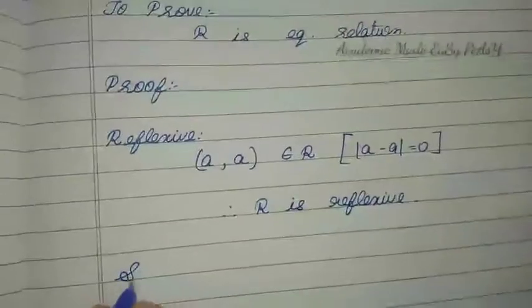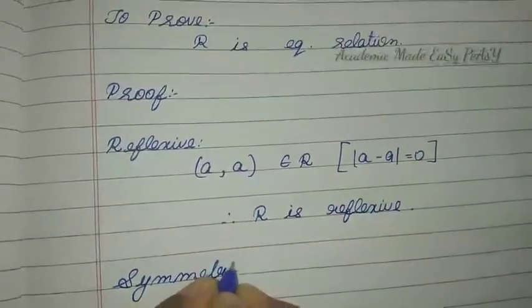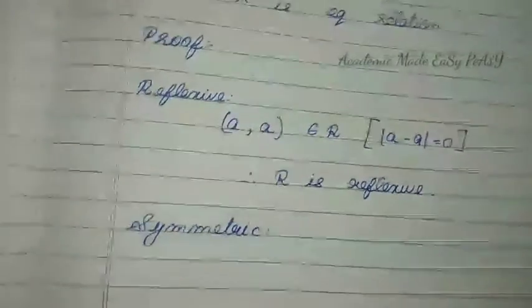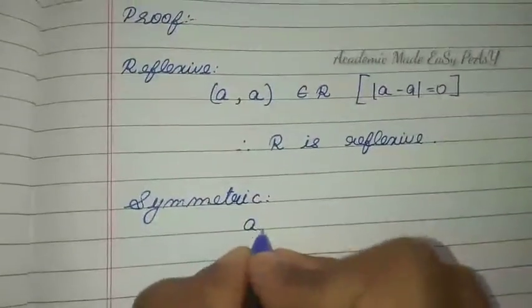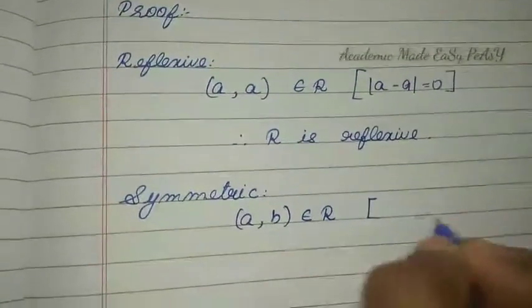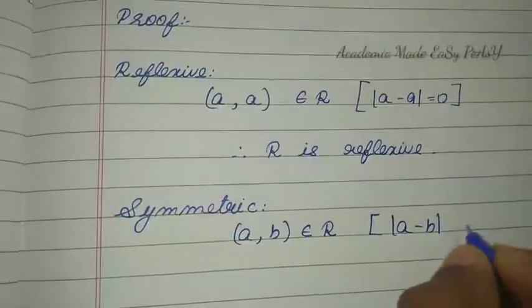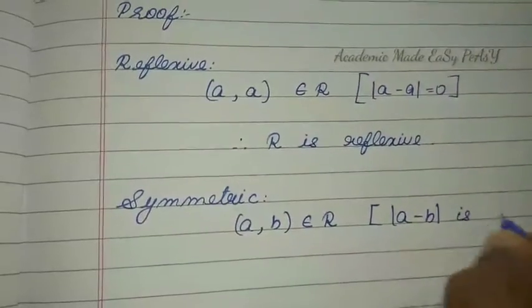Next is symmetric. If I take symmetric, I am taking (A, B) belongs to R. It means modulus A minus B is a multiple of 4.